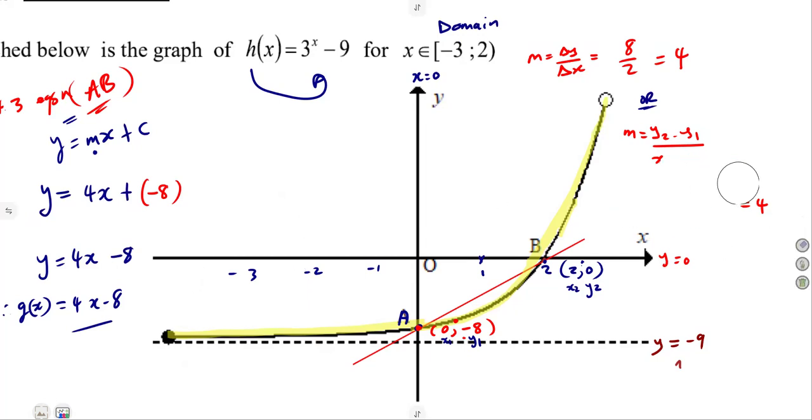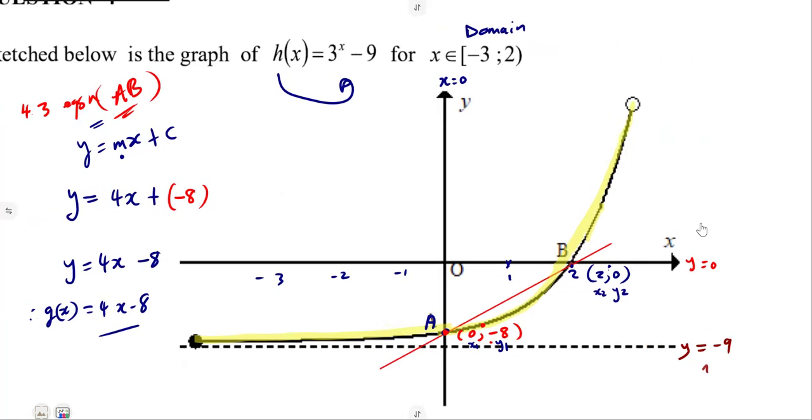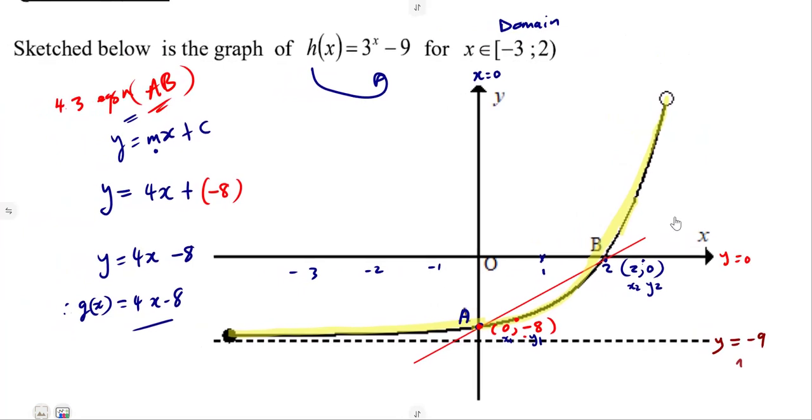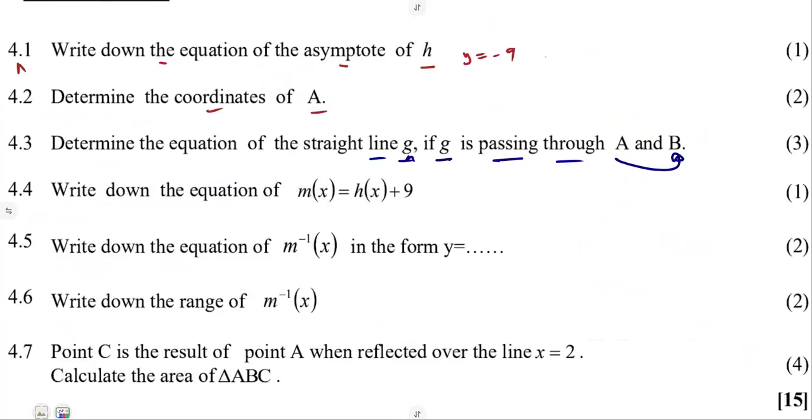Okay. So you were given something direct. As you can see, you could work from the diagram to calculate your gradient, or use the points in order to have the gradient. Then write down the equation of m(x). So guys, we can simply write this one because we have h(x), remember? They are saying m(x) is equal to h(x) plus 9.